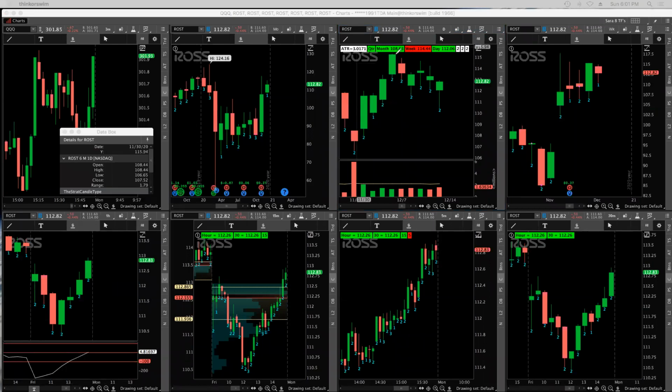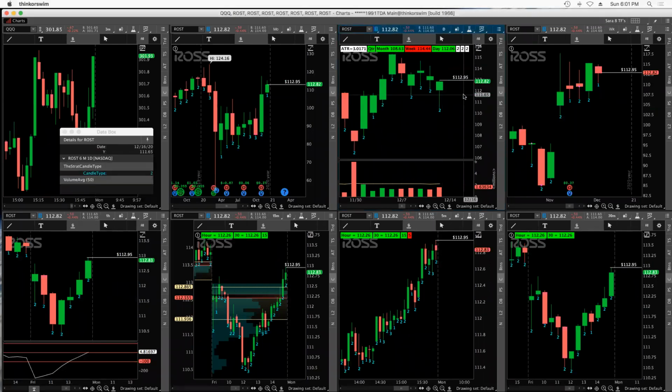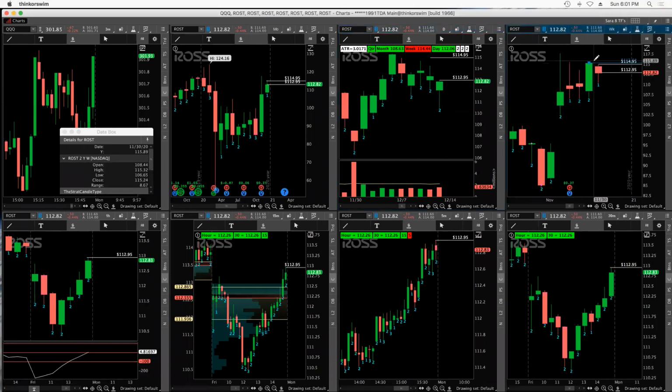ROST, this was one of yours. 2-2 down, hammer, nice. $3 range. Wow. I love Ross. I wonder if this one has a big spread. I'll bet it does.